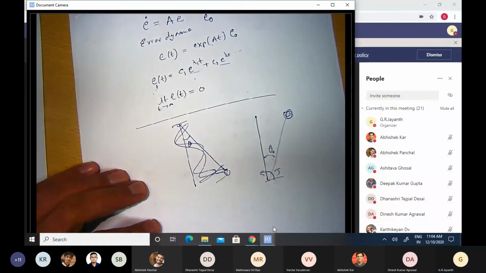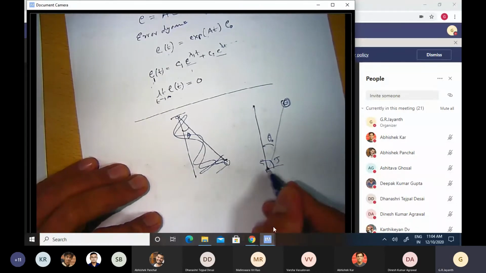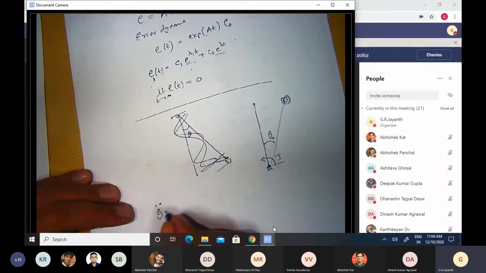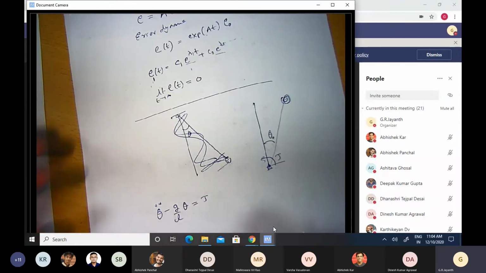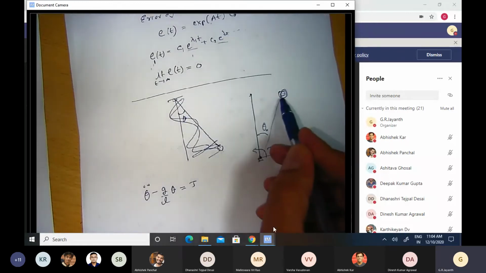torque tau. What is the differential equation governing the motion of this pendulum? It will be theta double dot minus g by L theta equal to tau in the vicinity of this equilibrium point. Now, suppose I were to use this as a manipulator.